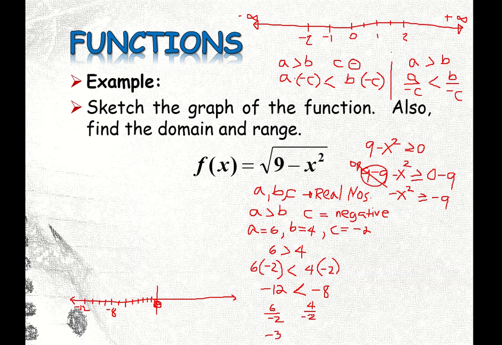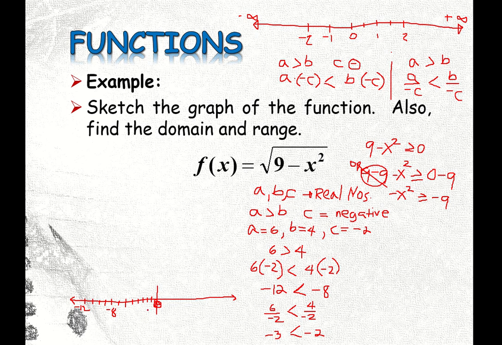Then here becomes minus 2. So originally we have 6 greater than 4, but when you divide it by minus 2, it changes the direction. It becomes like this.